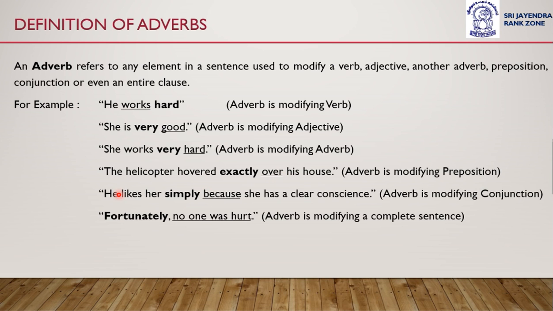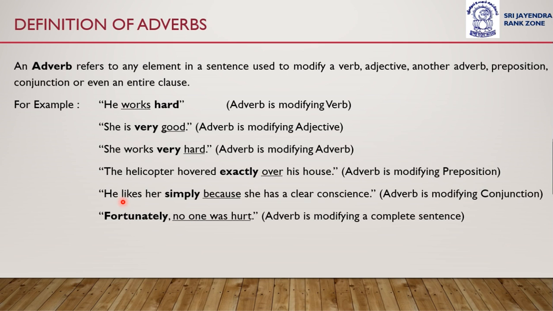Okay, so here adverb exactly is modifying the preposition over. The helicopter hovered exactly over his house. The sentence could also be the helicopter hovered over his house, but we want to lay more emphasis that the helicopter was exactly over his house.